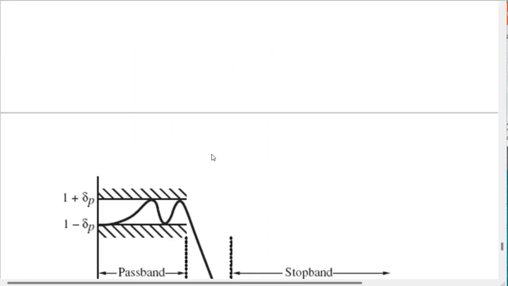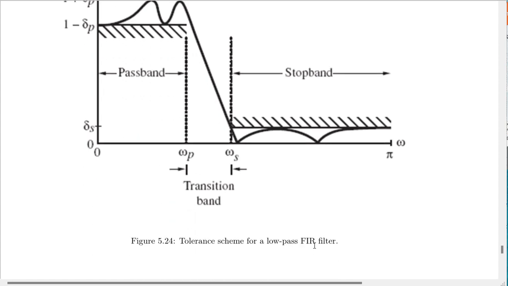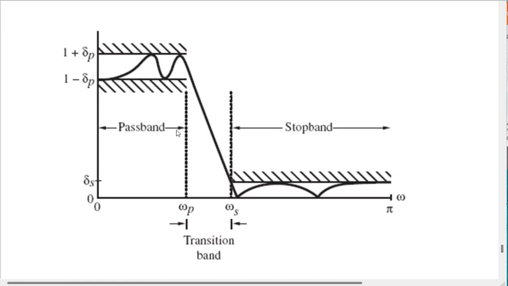Okay? Now, here you see a tolerance scheme related to a low pass FIR filter. Okay? Low pass FIR filter. Pass band having some ripples playing role from 1 minus delta P up to 1 plus delta P. Okay?